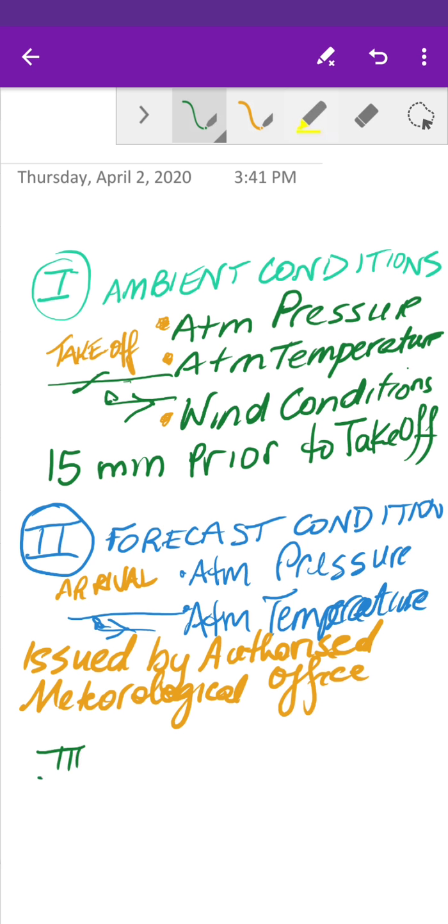And the final term for this session is what's called declared conditions.